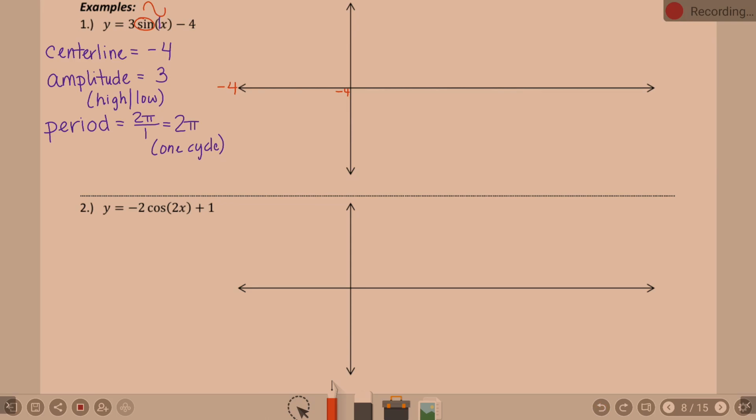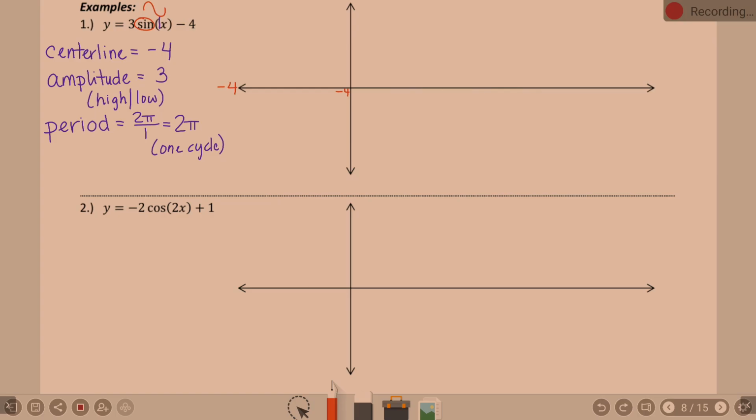Now, the traditional sine curve, if you go back up to the top, each hill goes up a height of 1 and each valley goes down 1. Now, amplitude can change that because amplitude stretches it.